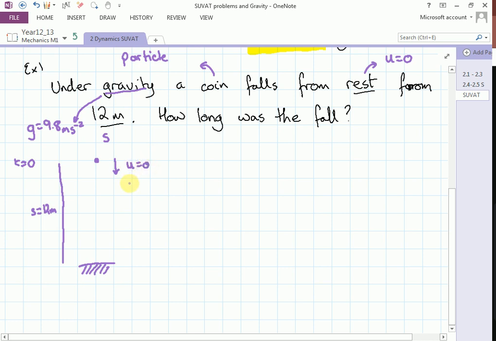Now, by convention, different arrows have slightly different meanings. If you put arrows on both ends, you're normally talking about a distance. If you put a single arrowhead, you're talking about a speed. And if you put two arrows, that's showing we're changing the speed, which is my acceleration. And acceleration is 9.8 meters per second.